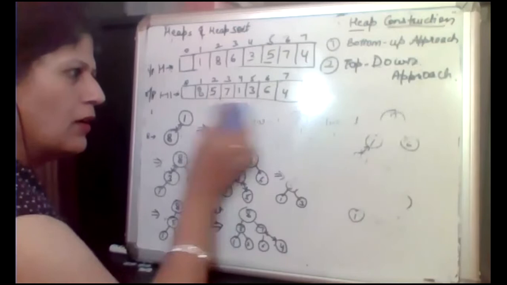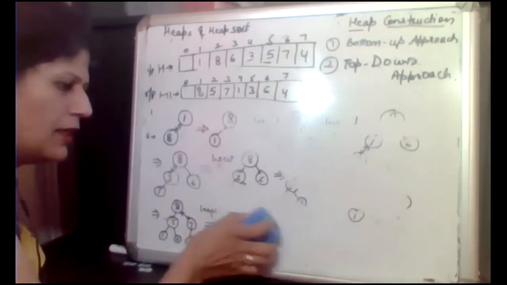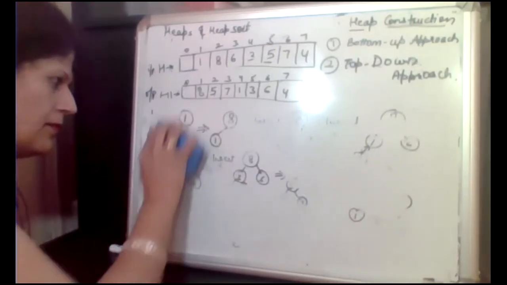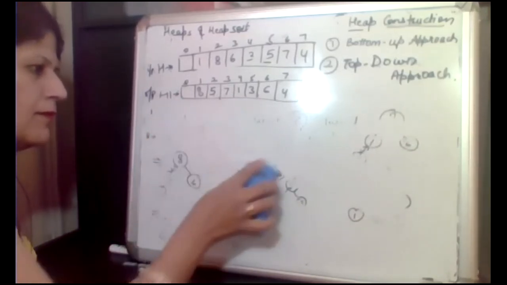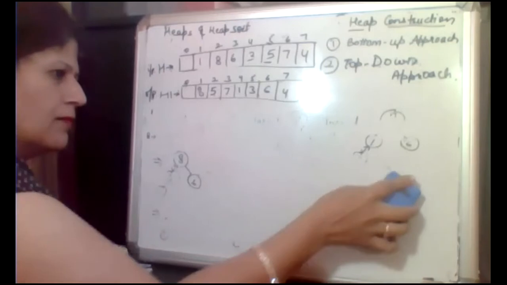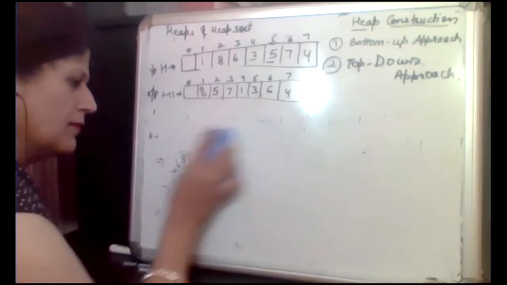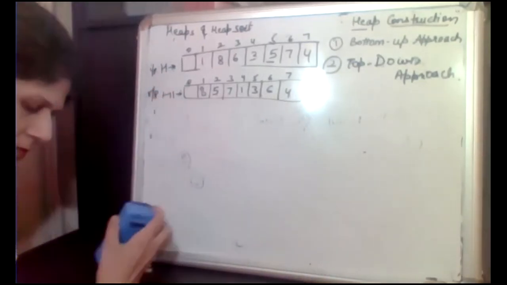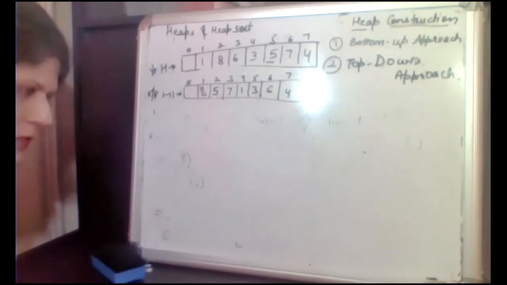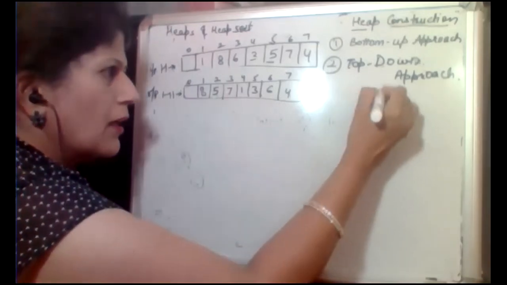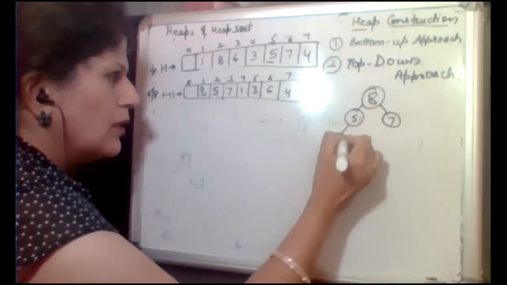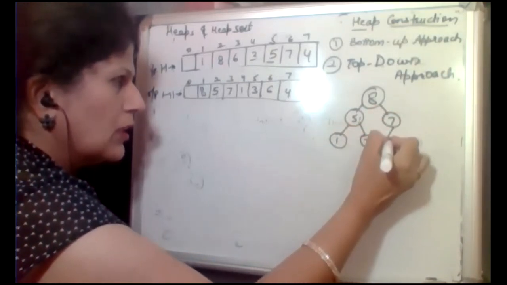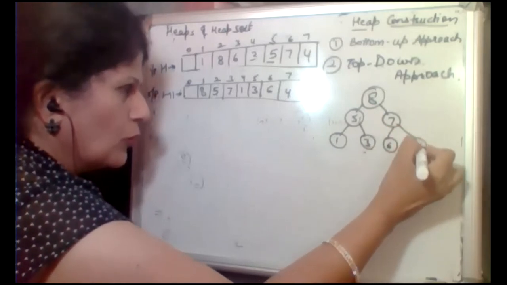Let me draw this again. The heap that we get here is 8, 5, 7, 1, 3, 6, 4.